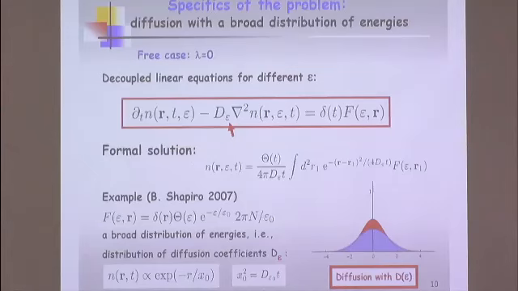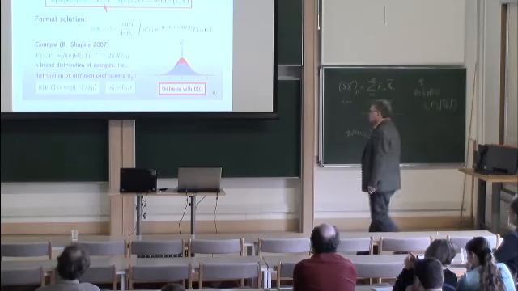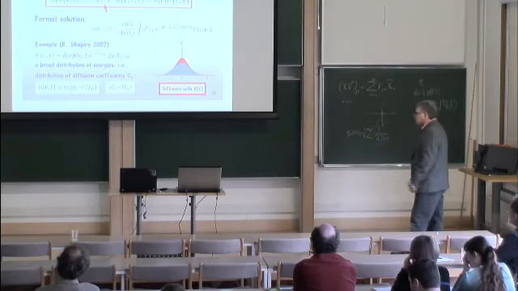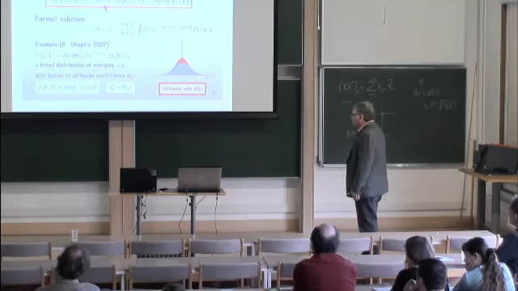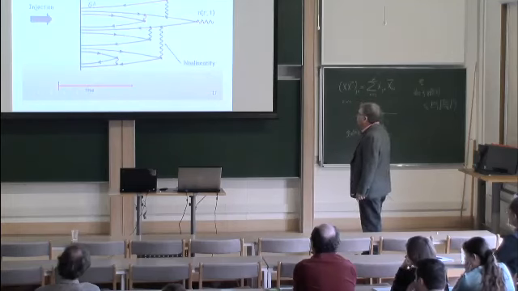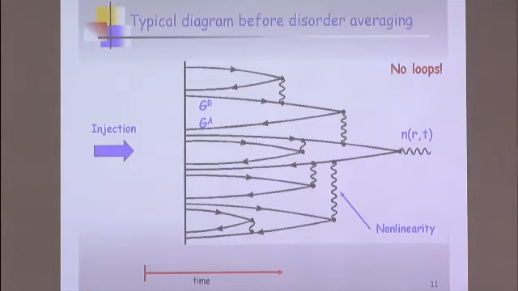And if you average this kind of output for the density, how it evolves in time, and take some reasonable example of distribution in energy, then one will get something which also has linear tails in the exponent, as if it is localization, which is not, because this x naught is something which depends on time, which in case of photonic system one cannot change.